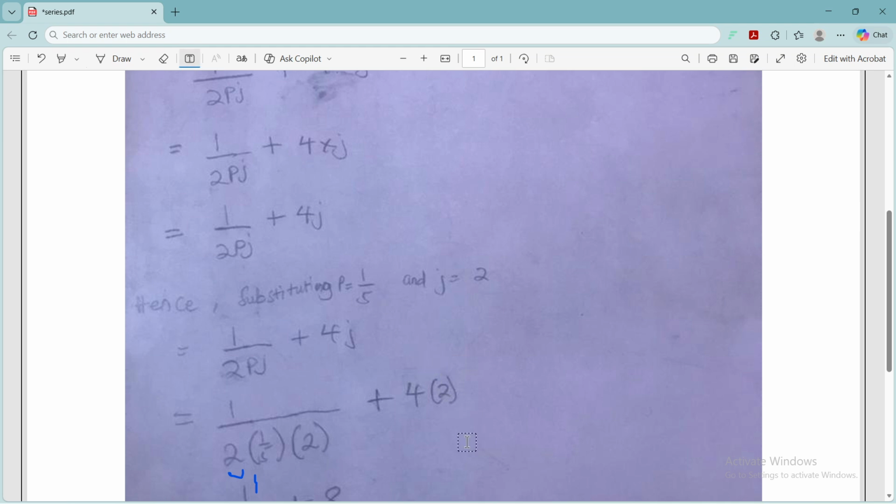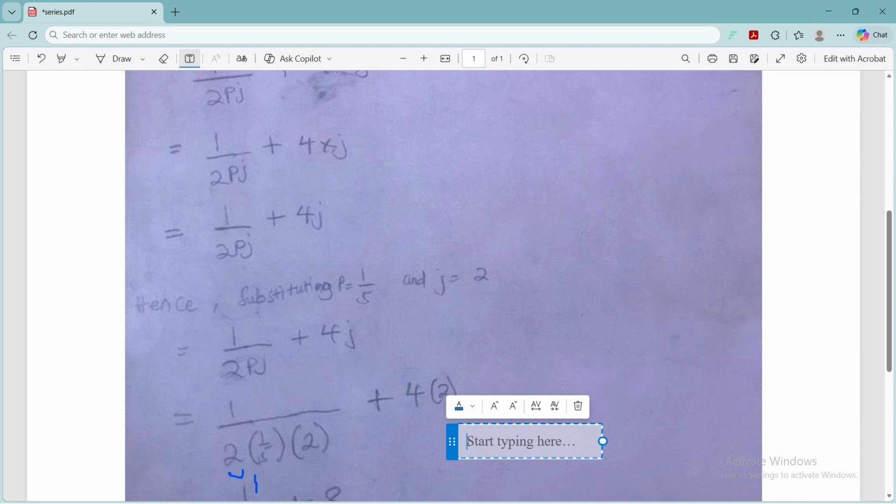So we are going to have 2 over 1 multiplying 1 over 5, right? So the denominators would multiply each other and the numerators too would multiply each other.